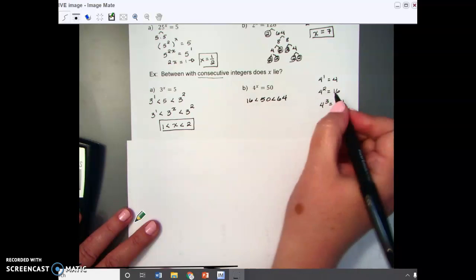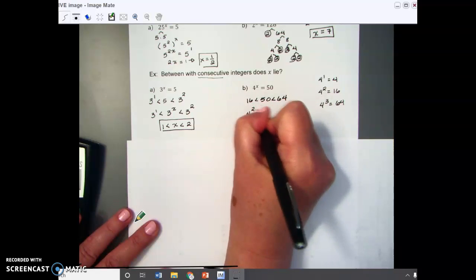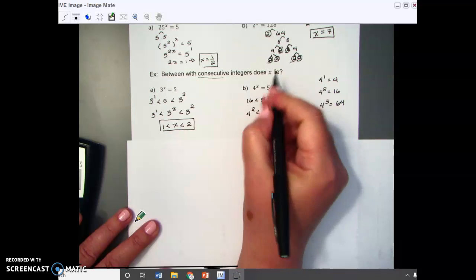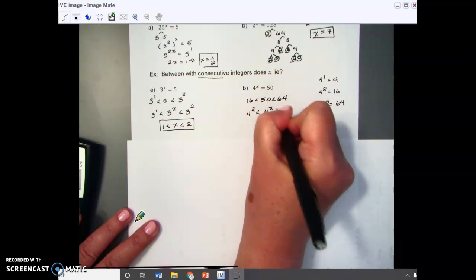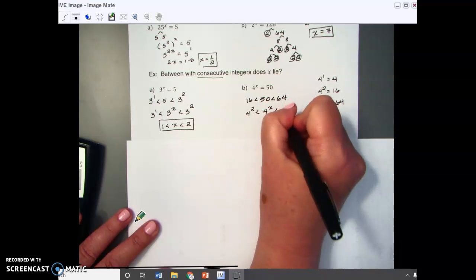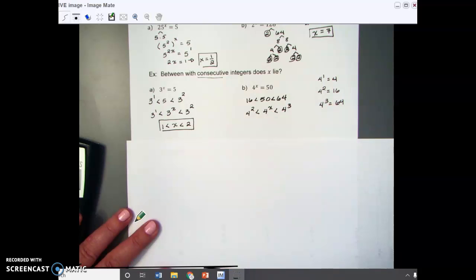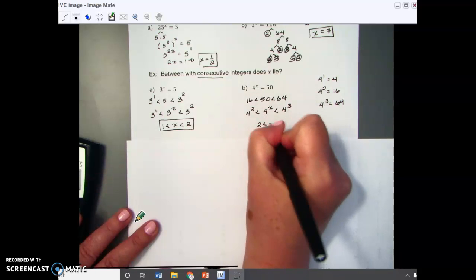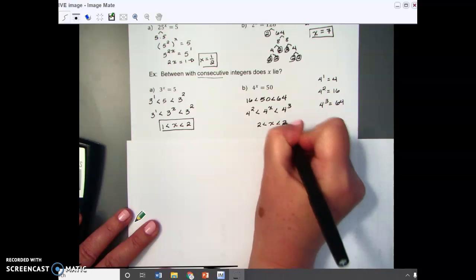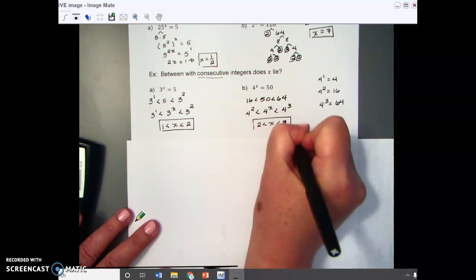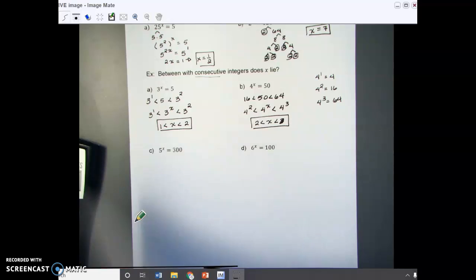So that means that we're saying 4 to the second is less than 50, which is 4 to the x, is less than 64, which is 4 to the third. So that means that x has to fall somewhere between 2 and 3. So take a moment to pause the video and see if you can answer questions C and D.